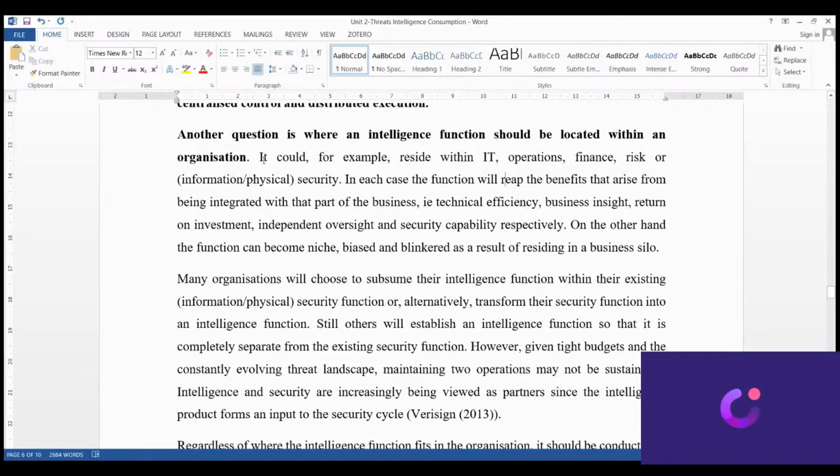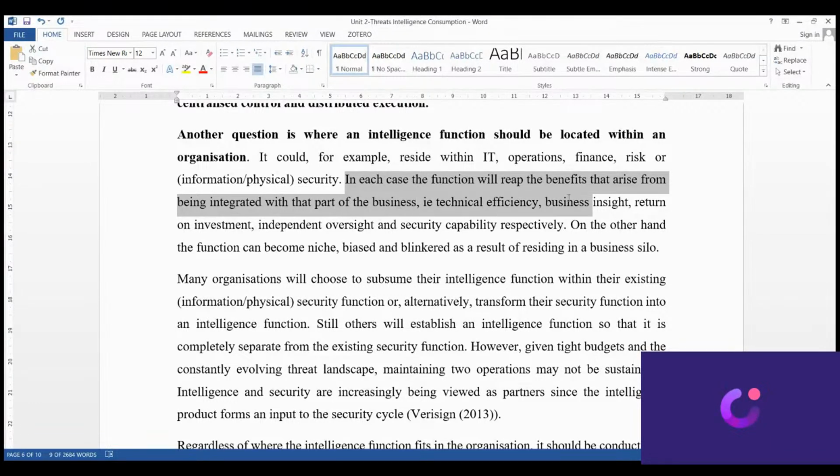The answer is that it could reside within the IT department, the operations department, the finance department, or the risk department. In each case, the function will reap the benefits that arise from being integrated with that part of the business.